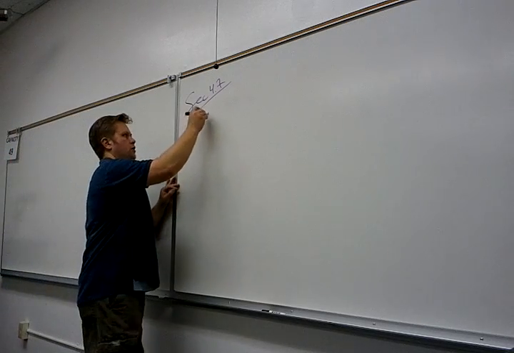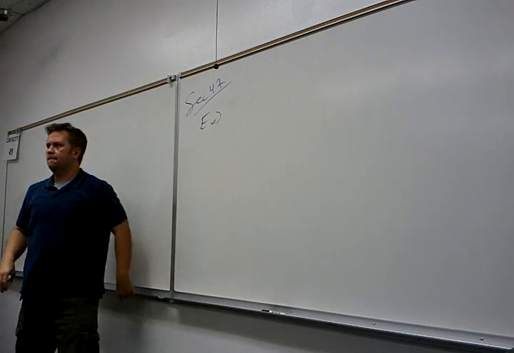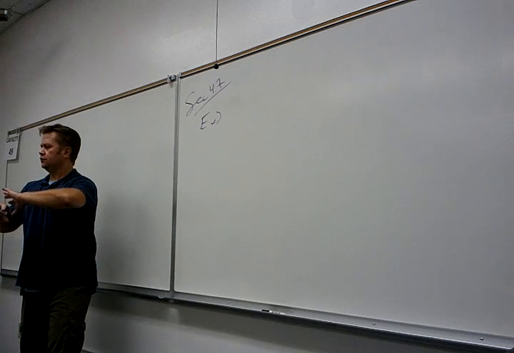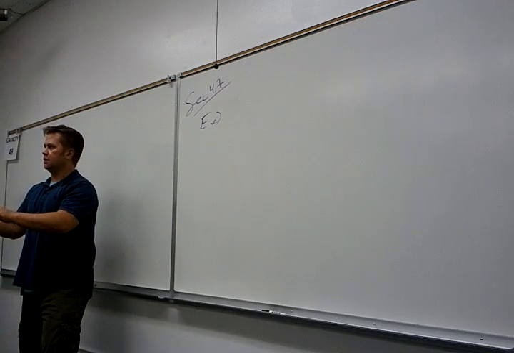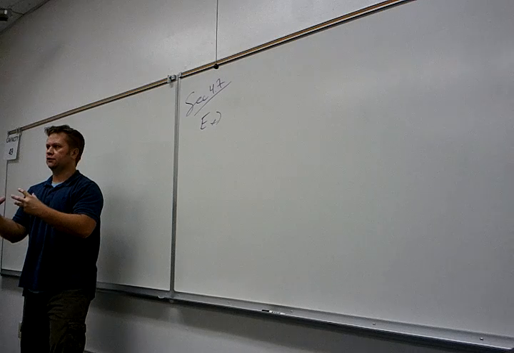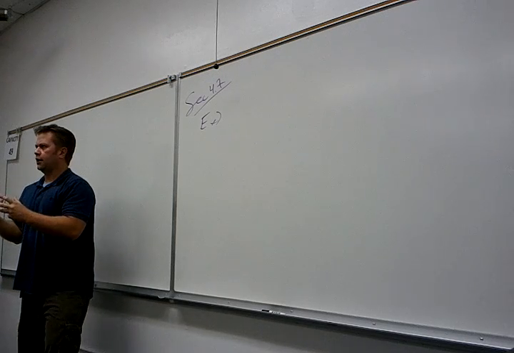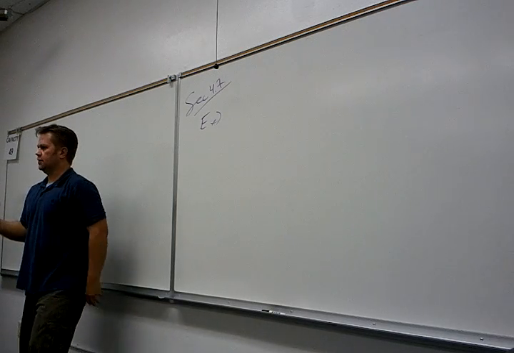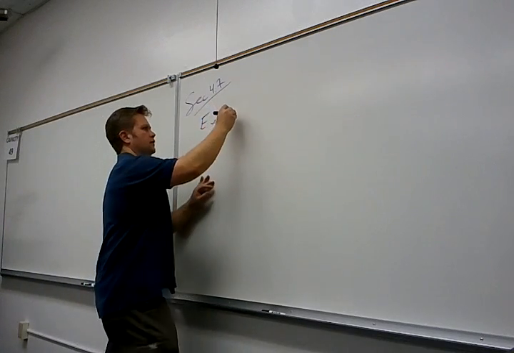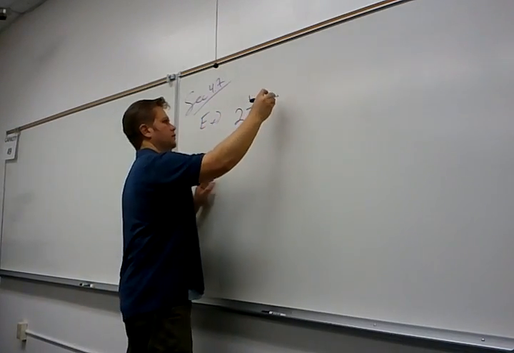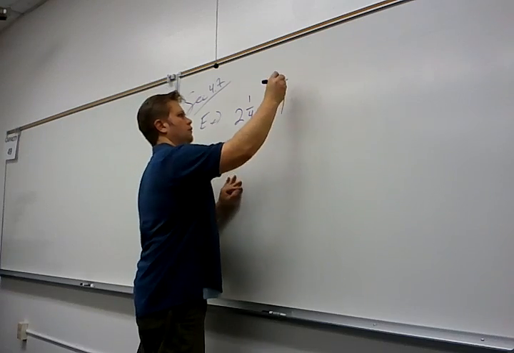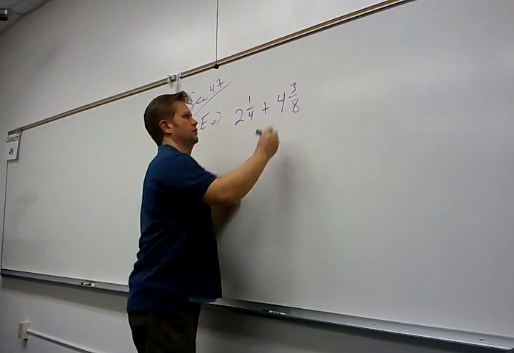So let me just throw an example at you here. All I asked you to do on the test was to convert mixed numbers to improper fractions and vice versa. But we really didn't look at operations with mixed numbers. So something like this, 2 1/4 plus 4 3/8.